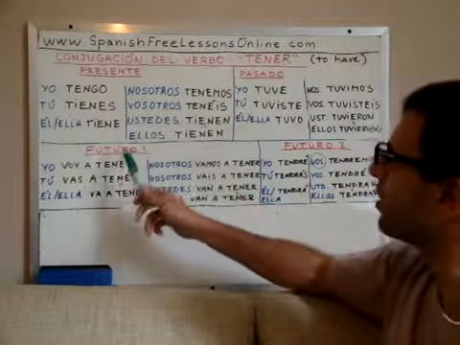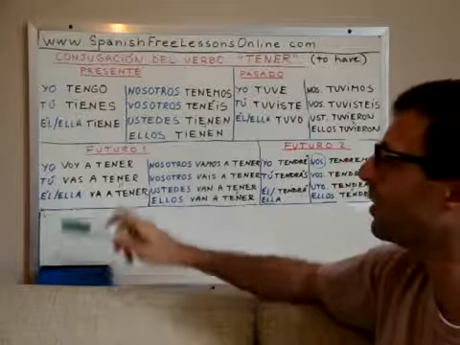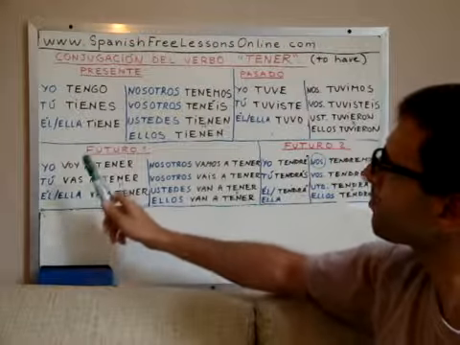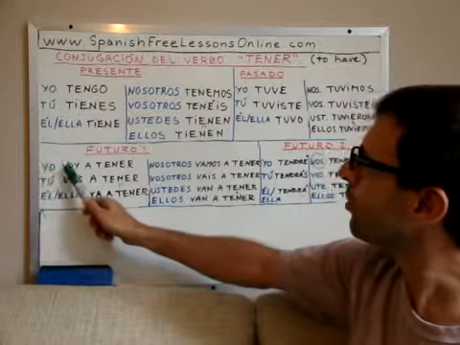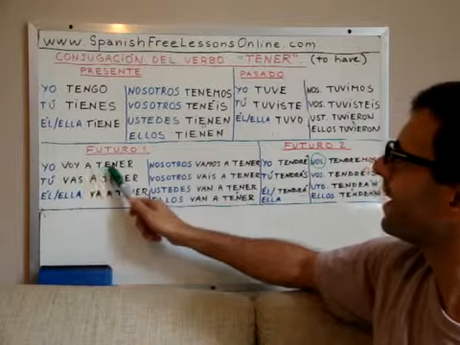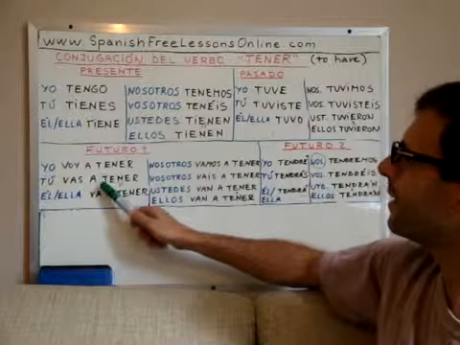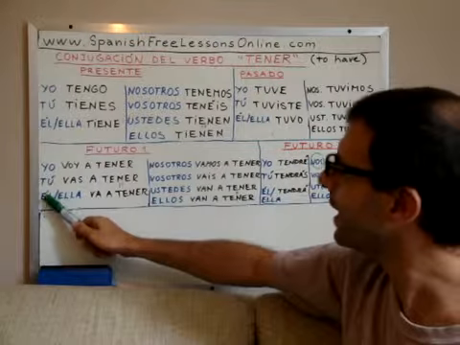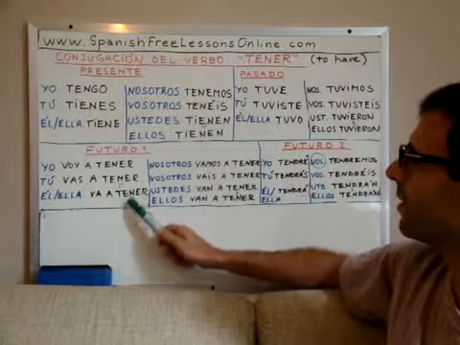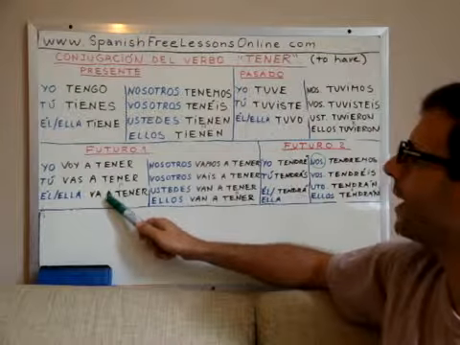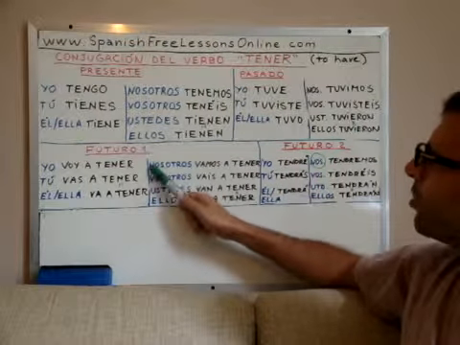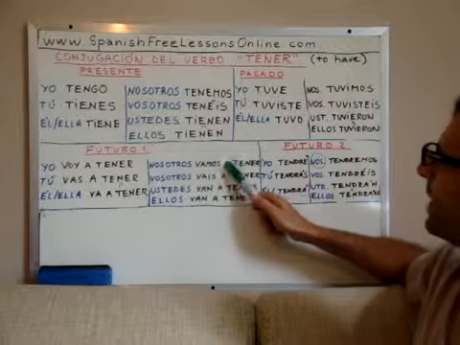Now, future tense, the one that is more similar to English. Yo voy a tener. Tú vas a tener. Él va a tener, or ella va a tener. Nosotros vamos a tener.